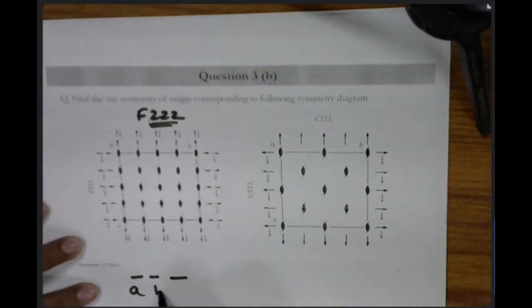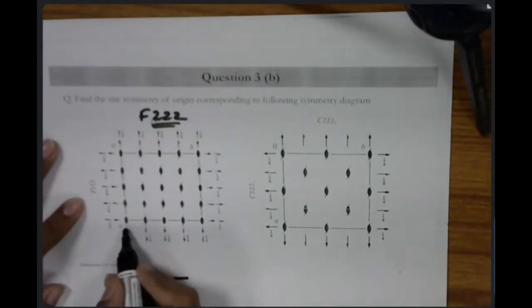It means again there is an orthogonal system, so again the three positions will be along the A, along the B, and along the C, where we'll see what symmetry element is there. Along the A, we can see that there is an arrow, this type of arrow, and this arrow is an indication that there is a twofold. So we'll write the twofold along the A.